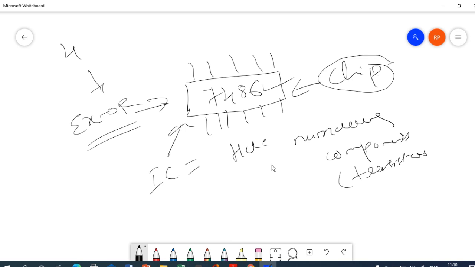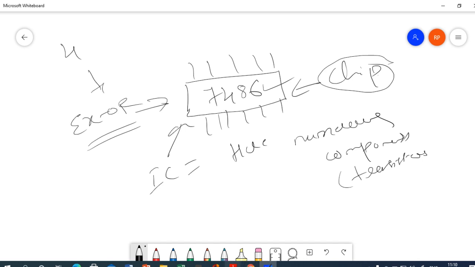So from this I can say that integrated circuits are components where numerous components are placed on a single silicon chip. We call it an integrated circuit. Example, the ICs which are used in the digital lab.